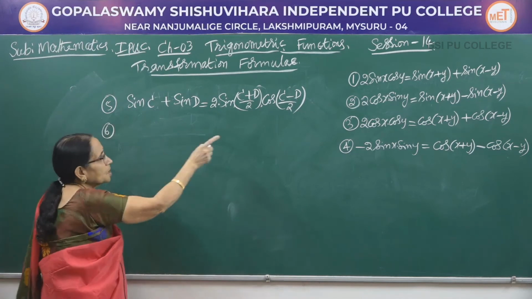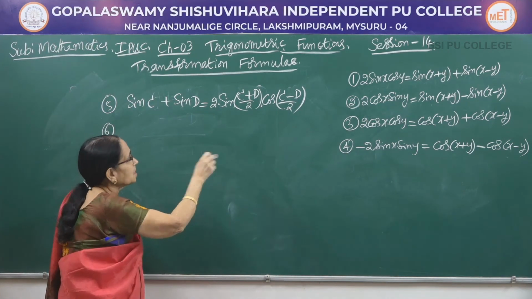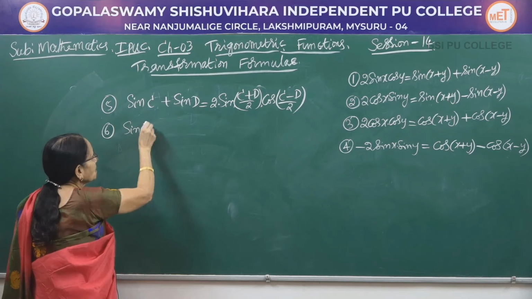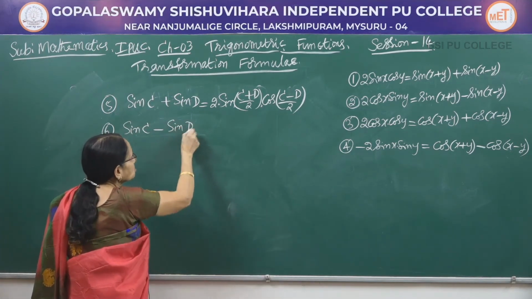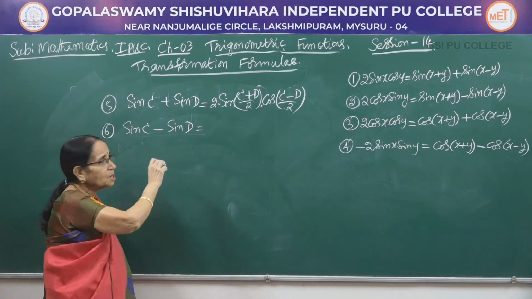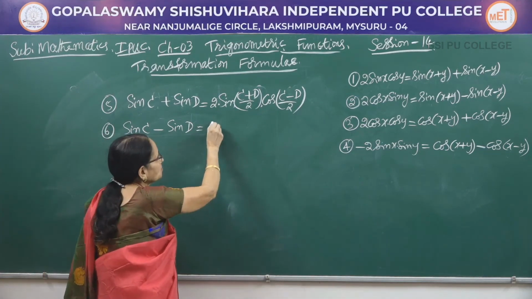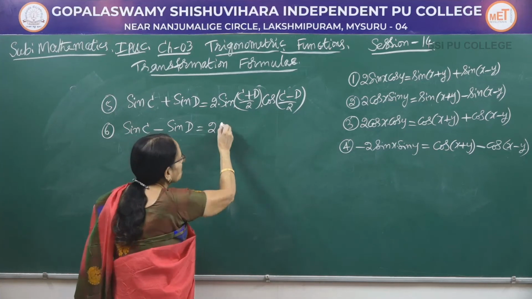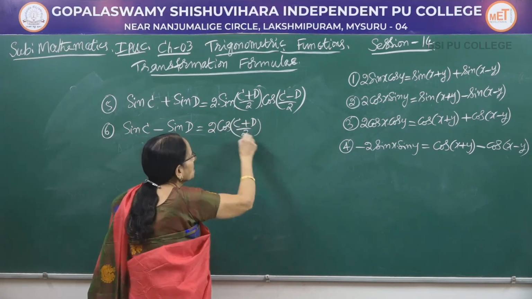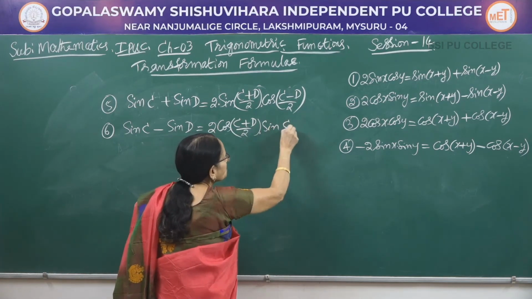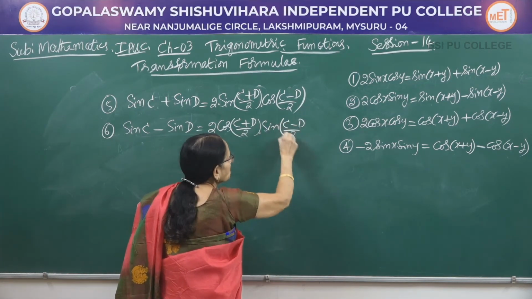Similarly, I go to the second formula. Here sin x plus y, write it as sin c minus sin d. So you observe it is the difference of the two functions. Substitute on the other side: 2 times cos of c plus d by 2 into sin of c minus d by 2.